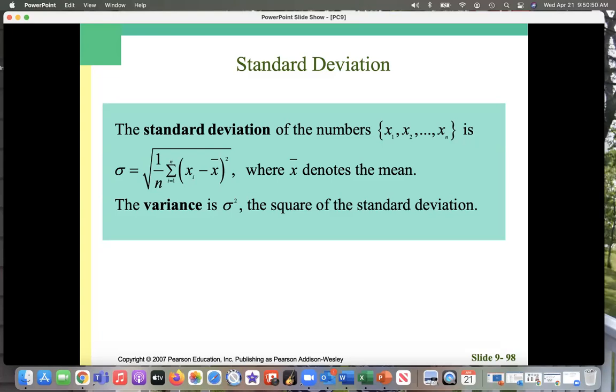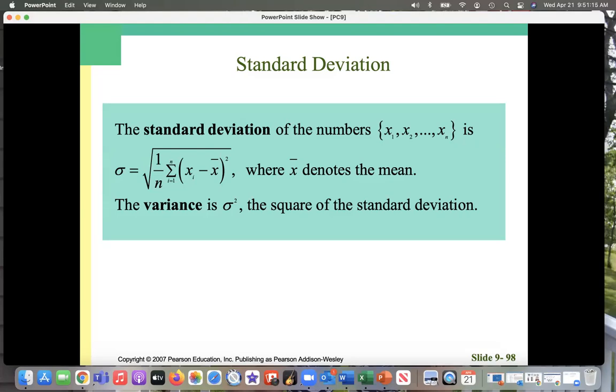Now, we're going to go through and find the standard deviation of a data set here. Basically, the variance and standard deviation are related. So we're going to find the standard deviation of those numbers we just looked at, the monthly temperatures in Beijing, China.